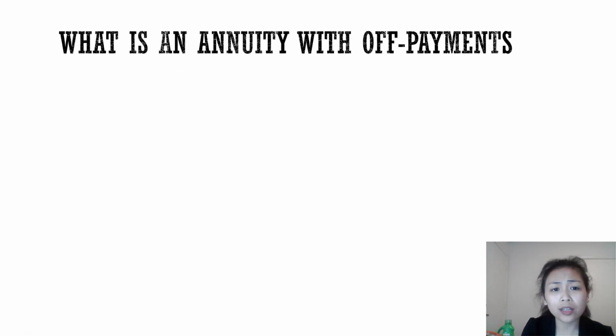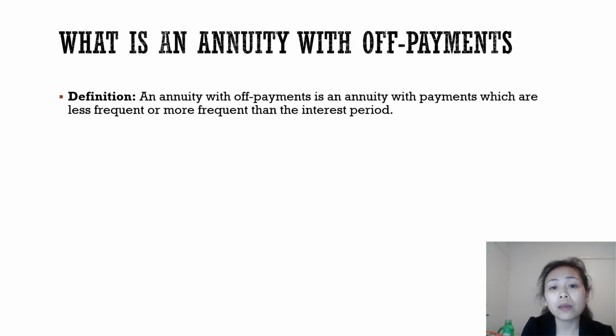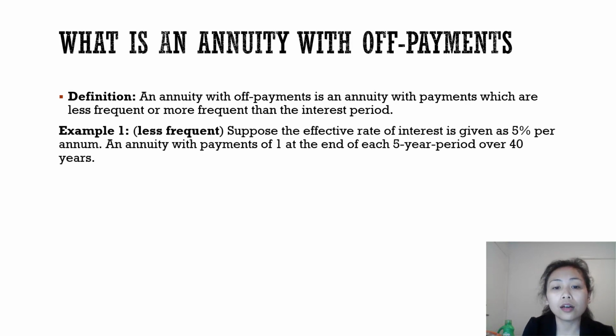First of all, what is an annuity with off payments? An annuity with off payments is an annuity with payments which are less frequent or more frequent than the interest period. For example, suppose the effective rate of interest is given at 5% per annum, an annuity with payments of 1 at the end of every 5 years over 40 years.